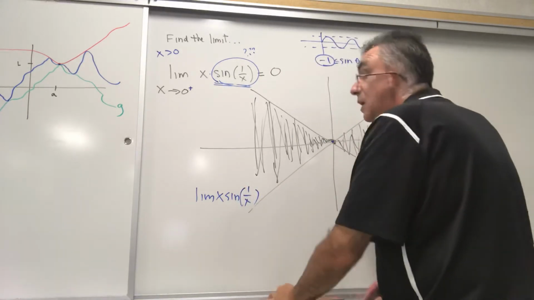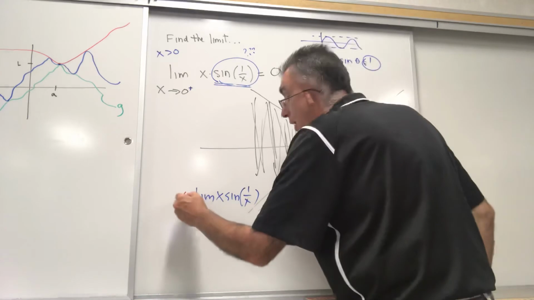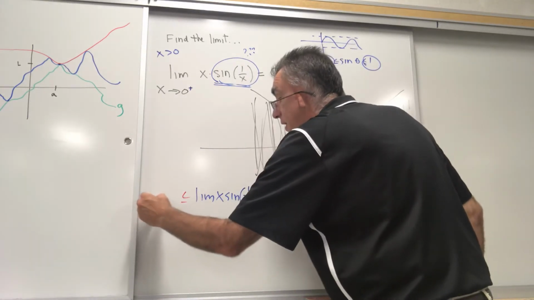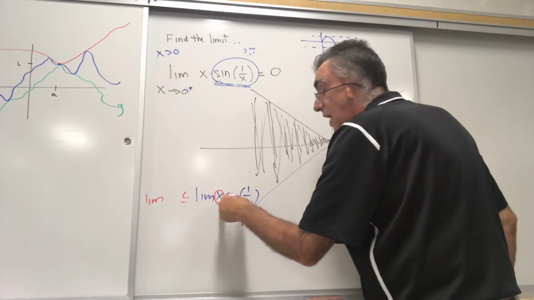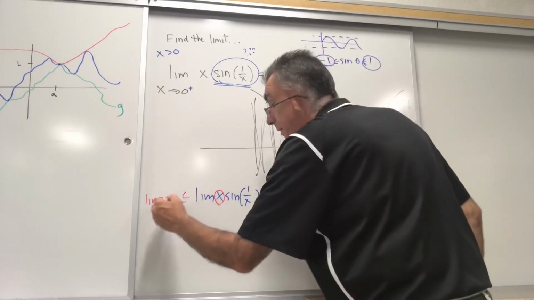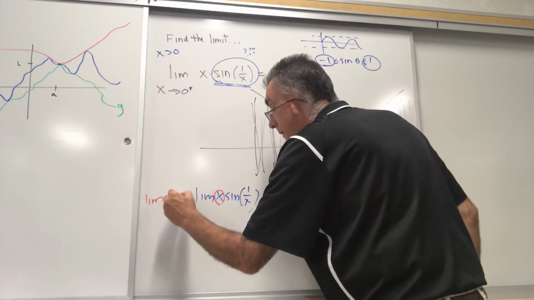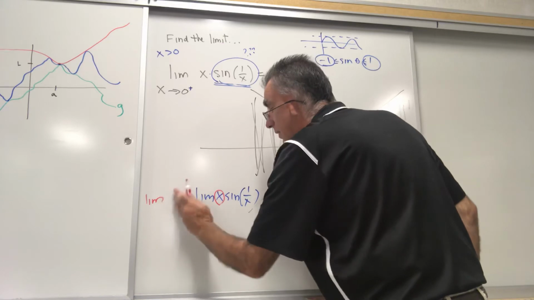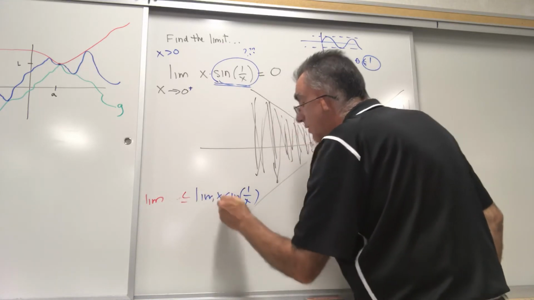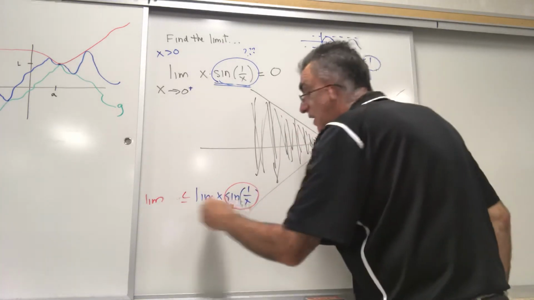Here's what we're going to say. We're going to say, well, I know that the least the sine can be is negative 1. Crap, sorry, I circled the wrong thing, guys. The least sine is negative 1.